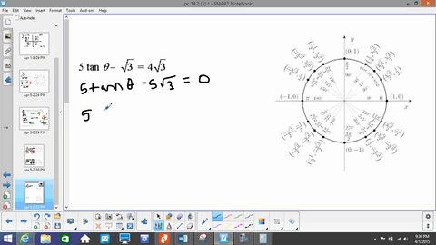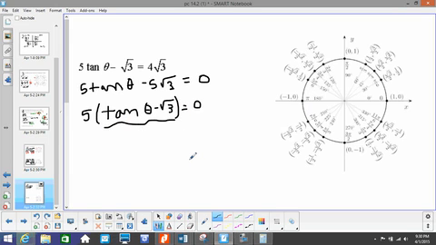So 5 parentheses tangent theta minus radical 3 equals 0. That 5 really doesn't matter as a factor because there's no variable with it. So this is the factor that matters.